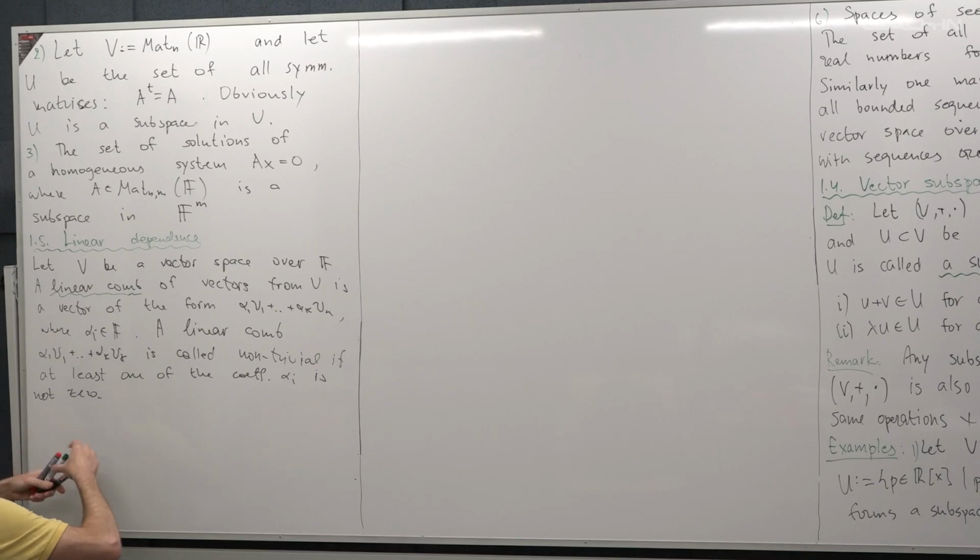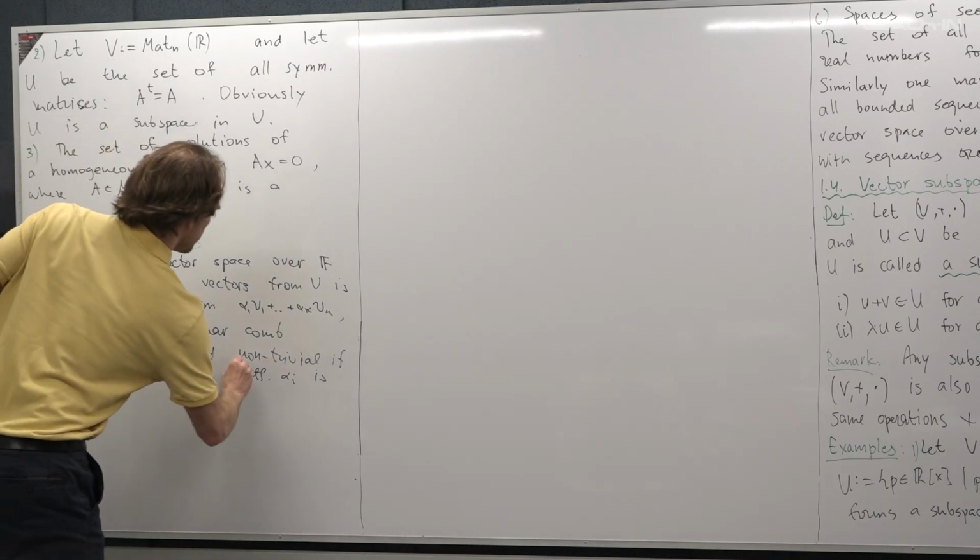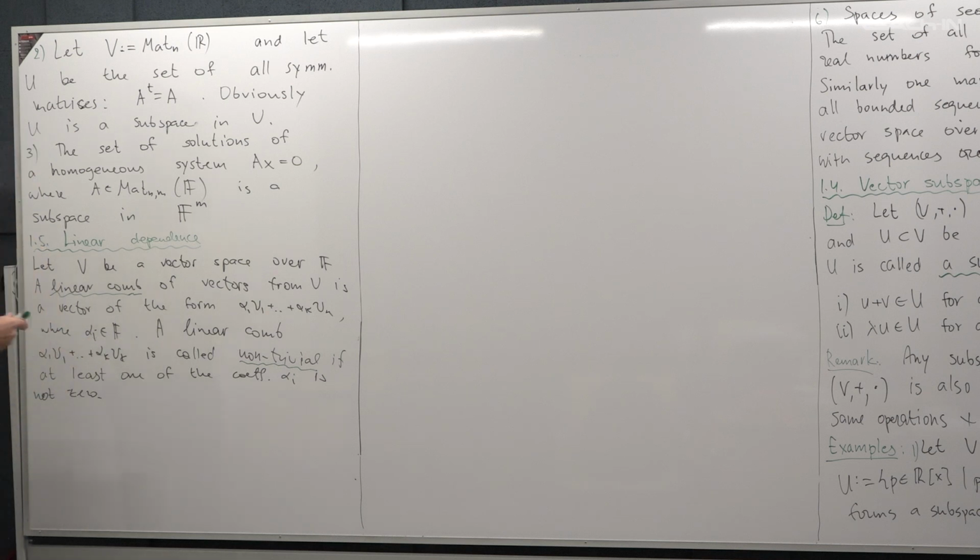Otherwise, such a linear combination is called trivial. This is also exactly as it was in the case of a coordinate space.